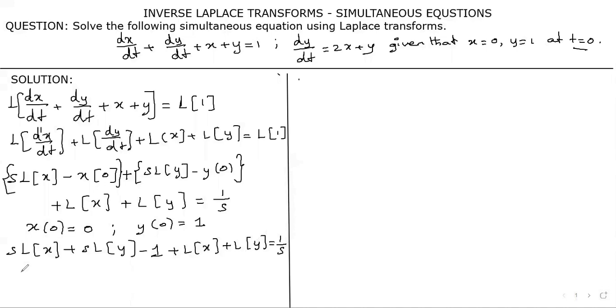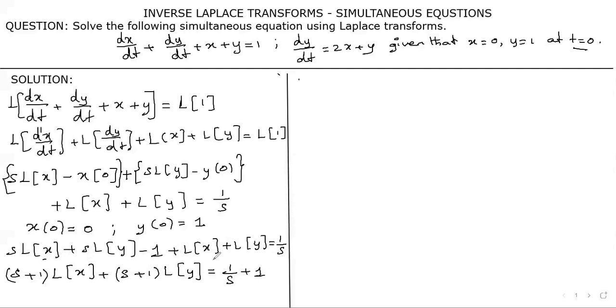Now, L of x can be taken commonly and L of y can be taken commonly. So s plus 1 will be there with L of x, and similarly s plus 1 will be there with L of y. The negative 1 is a constant, and the right hand side is also a constant, so we can group them. My negative 1 will become positive 1, and 1 over s will remain as it is.